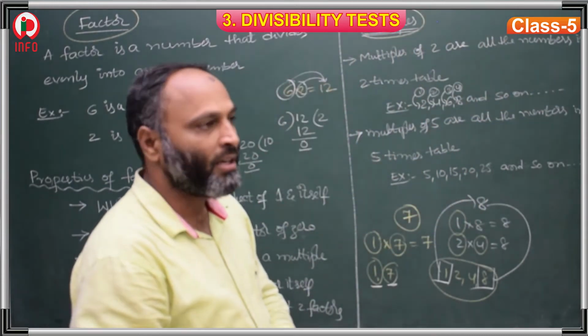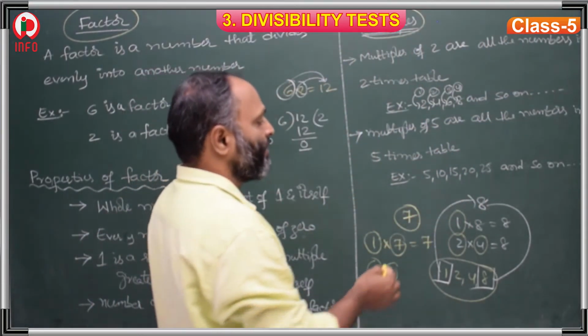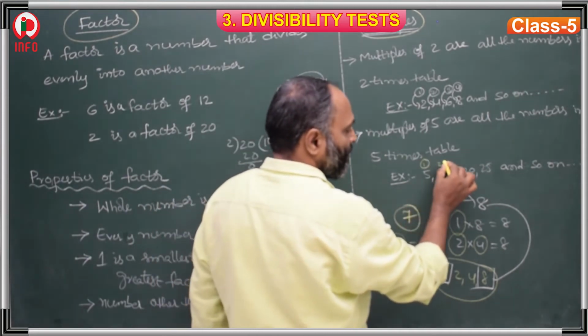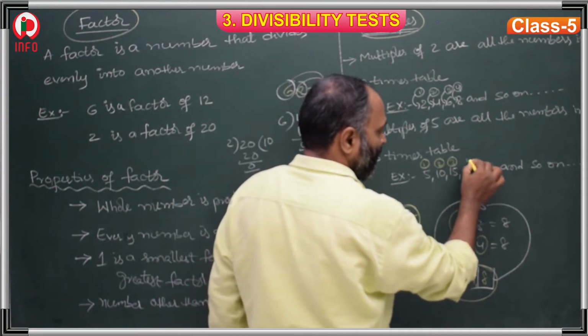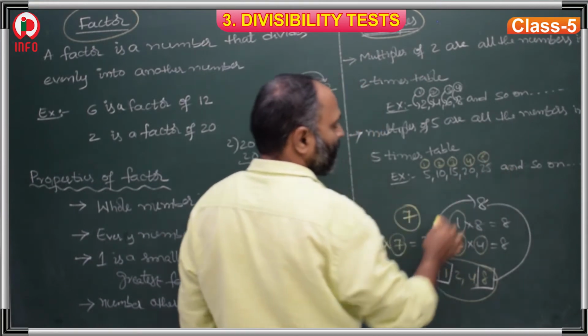Suppose in the 5 table, first we take 1, 2, 3, 4, 5, and so on.